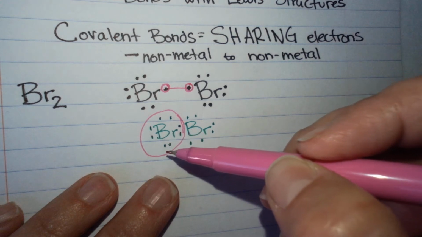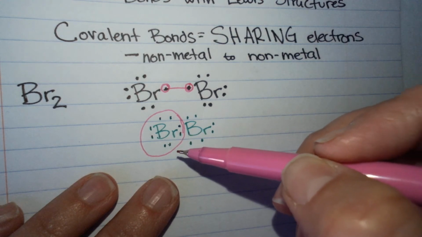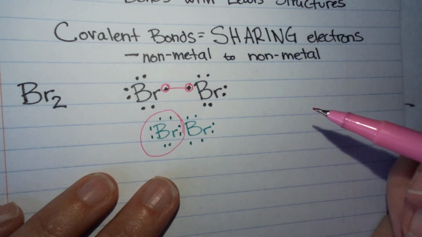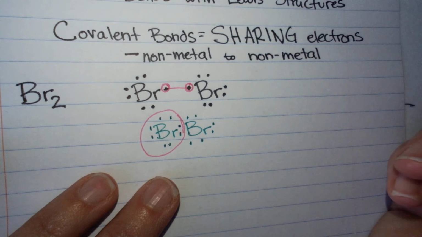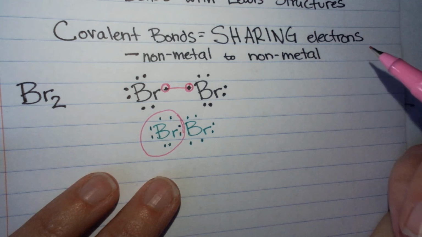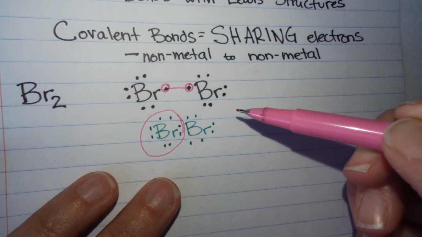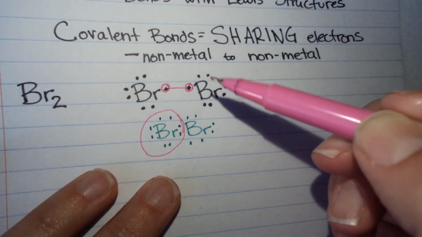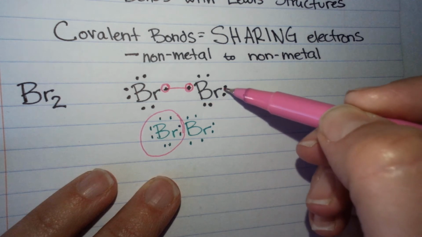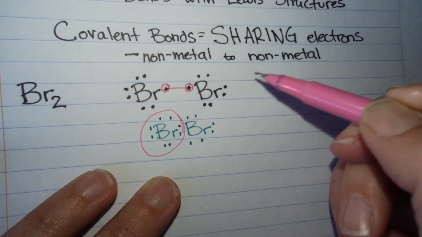What do we know about bromine's outside energy level now? Well, let's rewind. It's full. How many electrons does bromine want to have in its outer shell? 8.